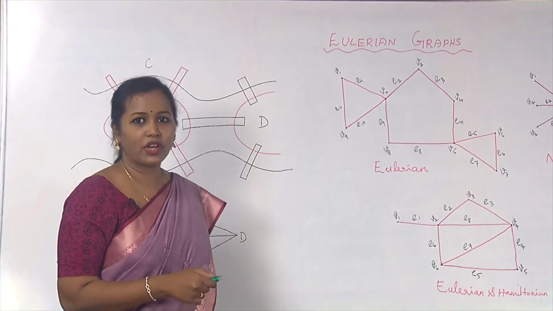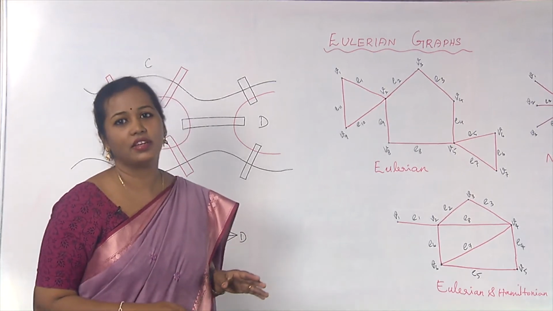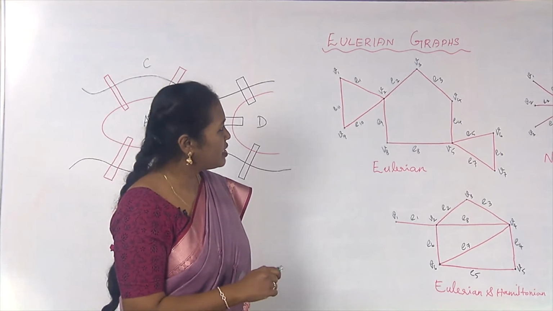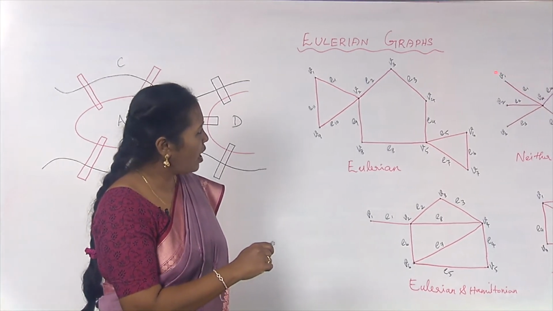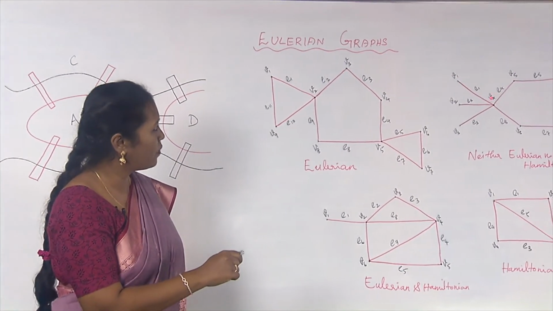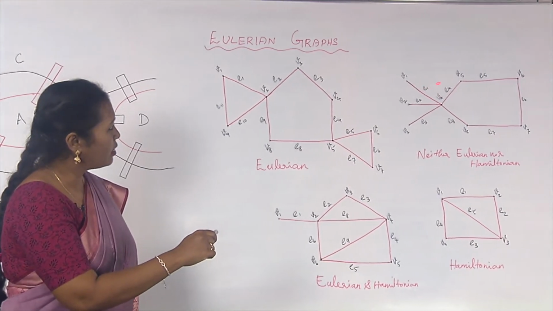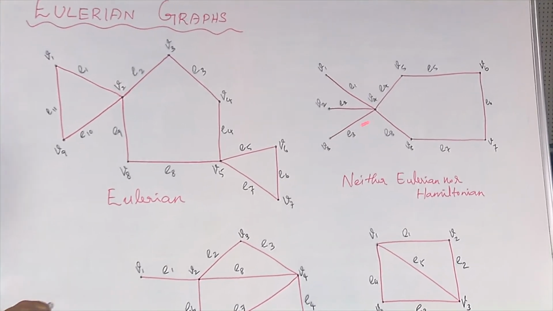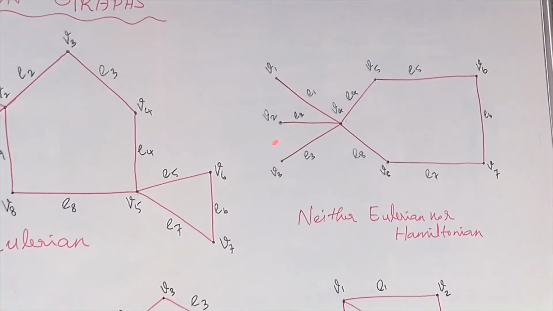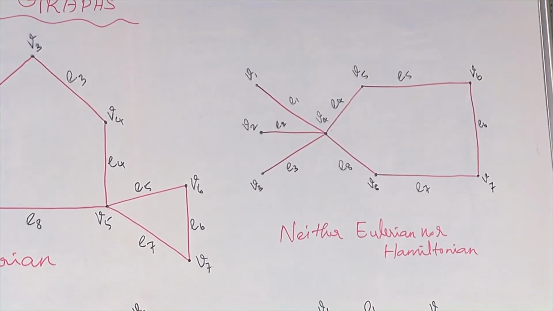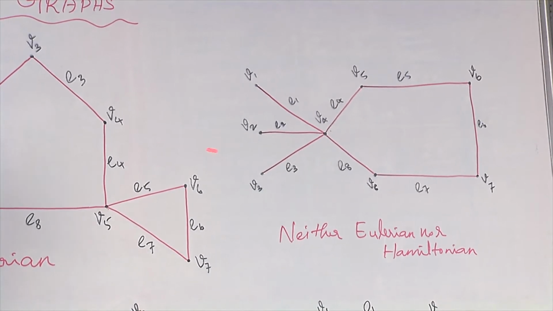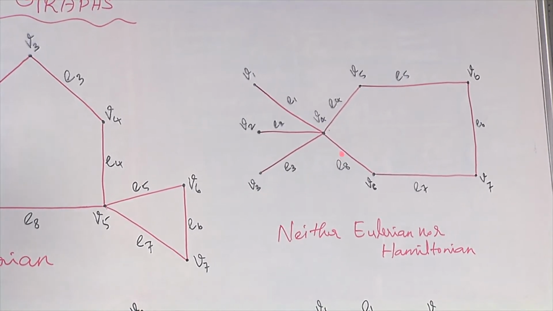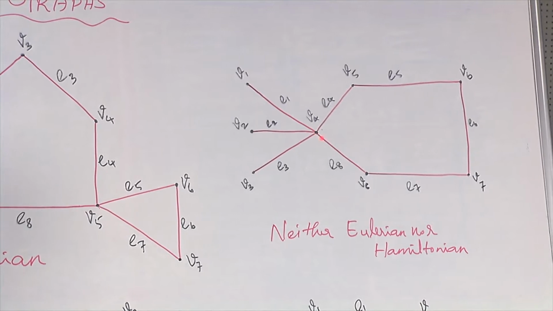Let us see one more example where it is neither Eulerian nor Hamiltonian. You can see this example, no matter how you start: V1, V4, V5, so E1, E4, E5, E6, E7, E8, E3, but then you will be leaving out the edge E2. Therefore, you start from another position, maybe from the vertex V4.